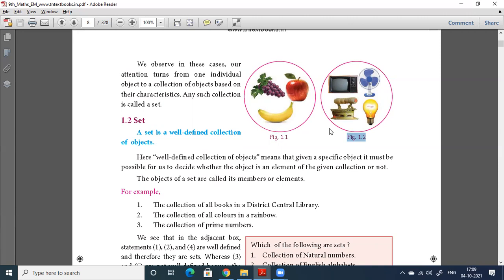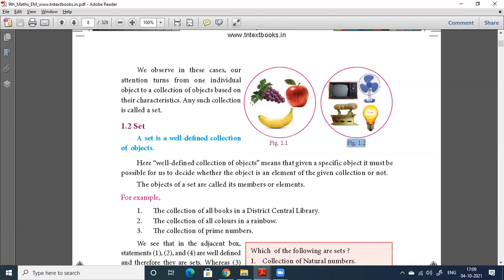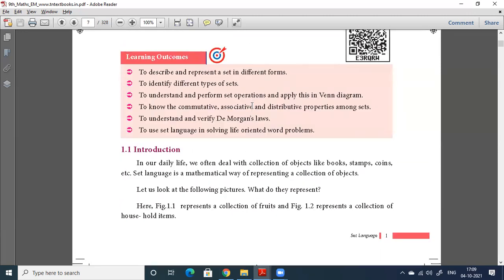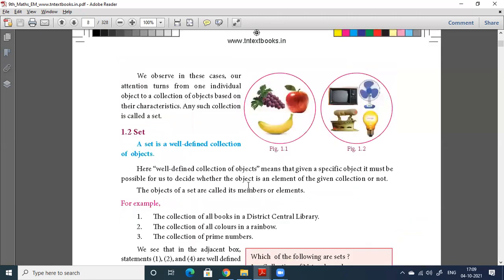Speak properly. Okay, household items. Your book is telling household items, so you are telling household items. So that is what: a set of fruits, a set of household items. Okay. Then continue to read this.